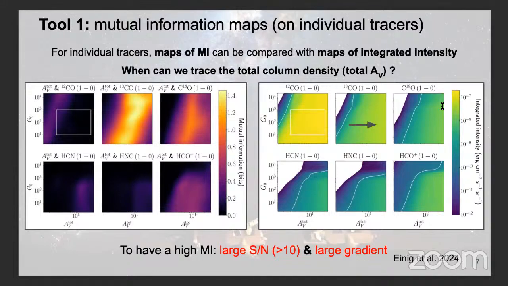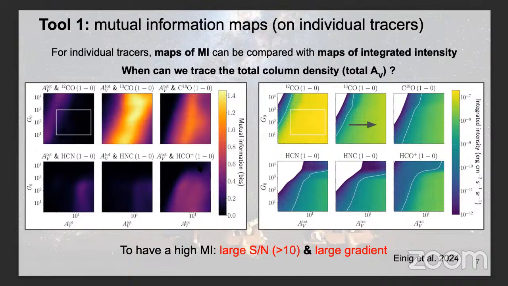So here we are first focusing on the question of estimating the total amount of matter on the line of sight, so the total AV, from lines of CO isotopologues, 12CO, 13CO, C18O, and lines of HCN, HNC, and HCO+. Here, what I show is that we can use this tool to show, as a function of the physical conditions in the environment, where a given line will be most informative.